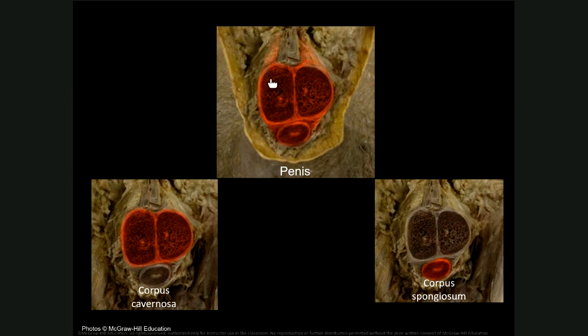This gets congested with blood. When it's congested with blood, this spongiosum also, it makes the penile shaft erect. So we need blood supply to make this erect. These are not muscles. This is cavernosus, which means it is filled with blood.